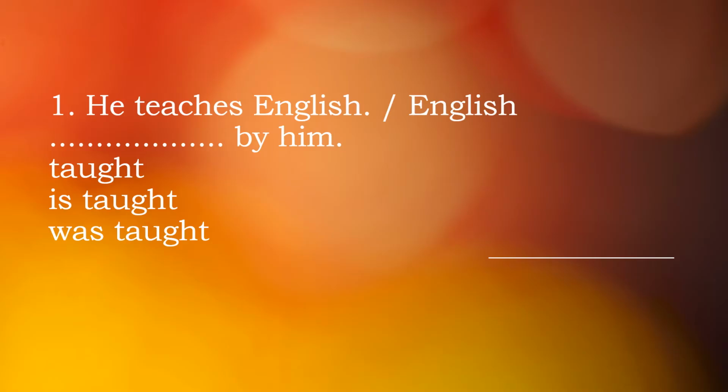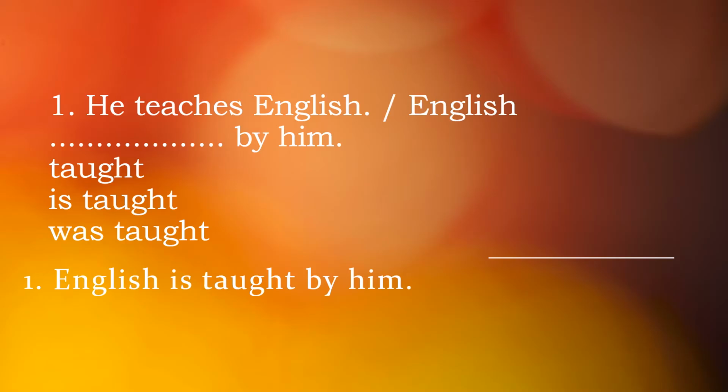Three options we find here: English taught by him, English is taught by him, or English was taught by him. As we know it is present tense, so no point to take was taught or taught, so we take is taught. Let's see the answer.